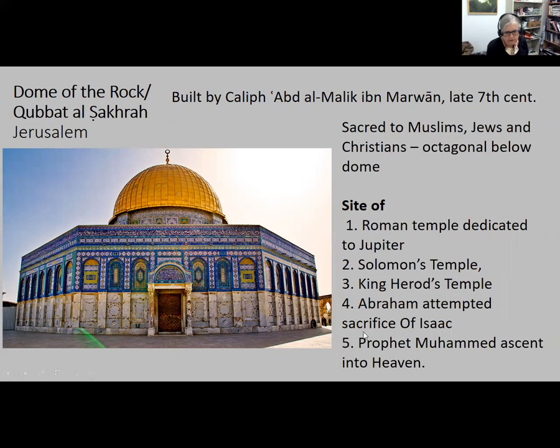The site started out with a Roman temple dedicated to Jupiter. Then there was Solomon's temple. Then King Herod's temple was there. This is believed to be the place where Abraham attempted to sacrifice Isaac. And it's also the place where it is believed that the prophet Muhammad ascended into heaven.